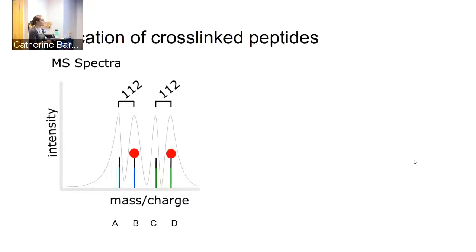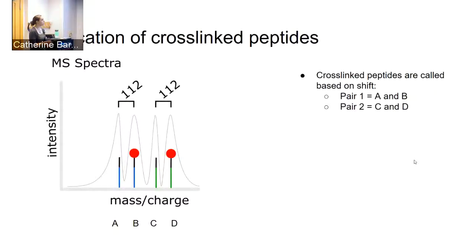And because of that, any peptide that was cross-linked on one side will have this 112 shift. So we're able to pull out peptides that were cross-linked. We don't know what they were cross-linked to at first, but we're able to pull them out based on that 112 shift. So in this case, we would have peptide pair 1 would be A and B, and peptide pair 2 would be C and D.